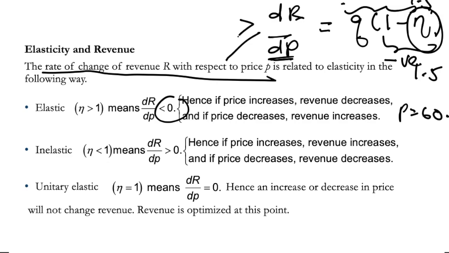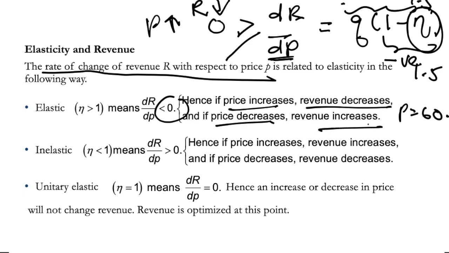That means dR over dP is less than 0. How do you interpret dR over dP less than 0? If P increases, R decreases. If price increases, revenue decreases, or if price decreases, revenue increases. A negative relationship between R and P when eta is greater than 1.